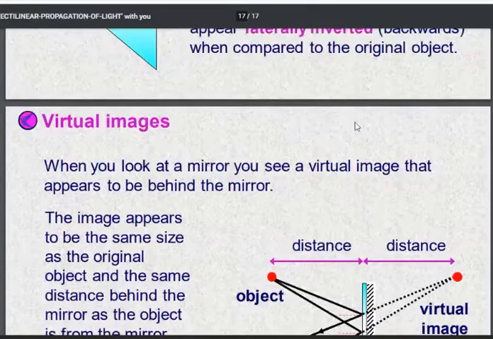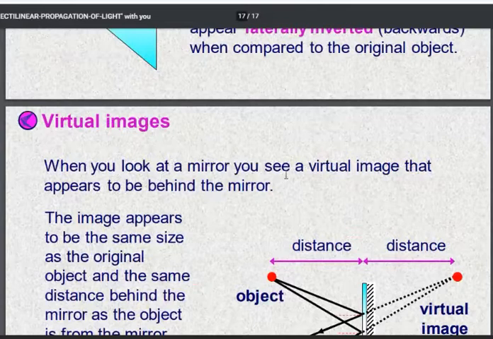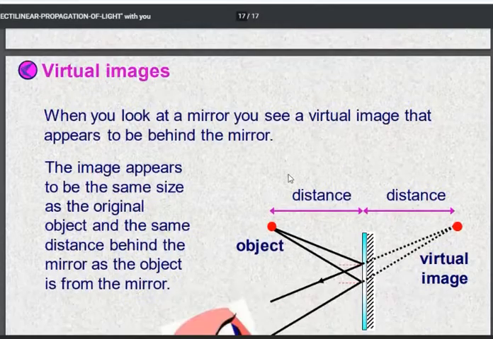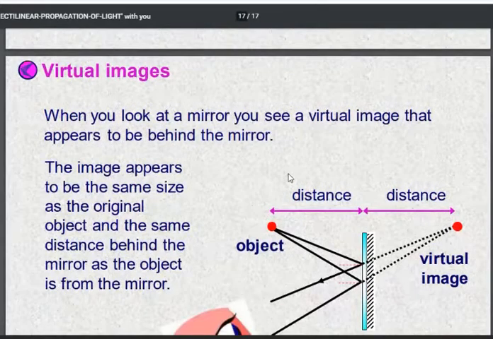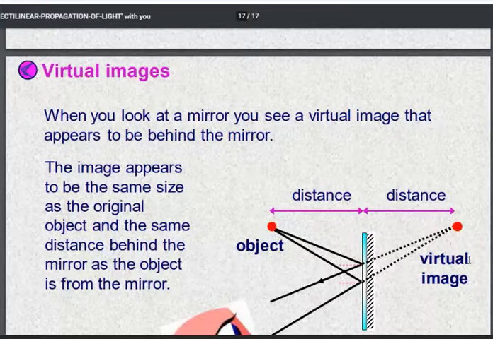Now come to the point, virtual image. What is a virtual image? When you look at the mirror, you see a virtual image that appears to be behind the mirror. This is not an actual image, it is a virtual image, because the ray coming from the object is not actually passing behind the mirror, but it virtually appears to be coming from this point.